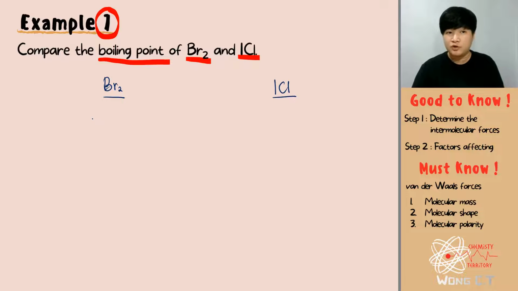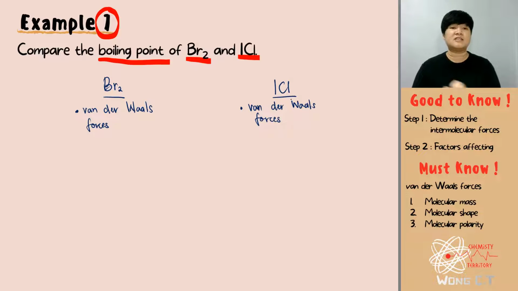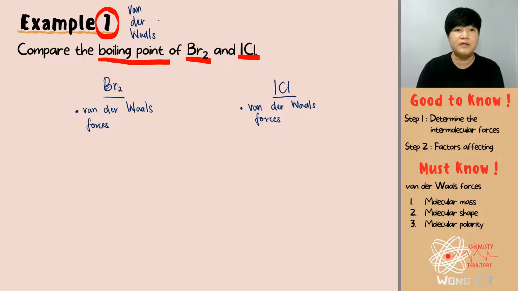Since both of them don't have it, automatically both of them will be holding van der Waals forces. And since both of them have van der Waals forces guys, then we will check the factor affecting your van der Waals forces. Bear that in mind, van der Waals forces is highly affected by molecular mass.